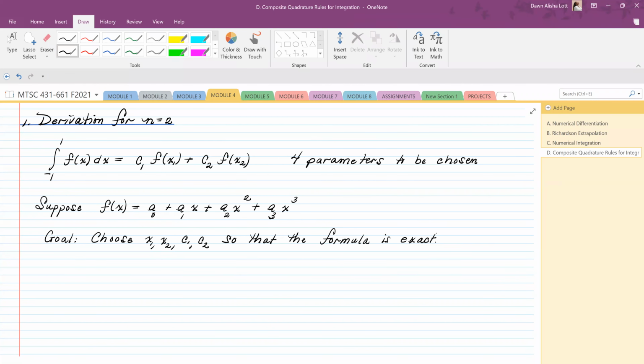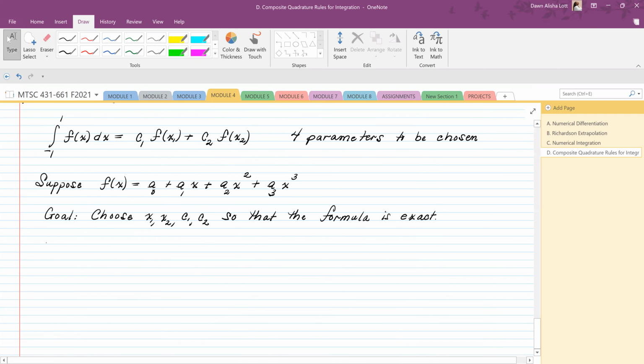So what is that actually equal to? The integral from -1 to 1 of a naught plus a1x plus a2x squared plus a3x cubed is actually equal to a naught, the integral of dx, plus a1 over 2 x squared plus a2 over 3 x cubed.